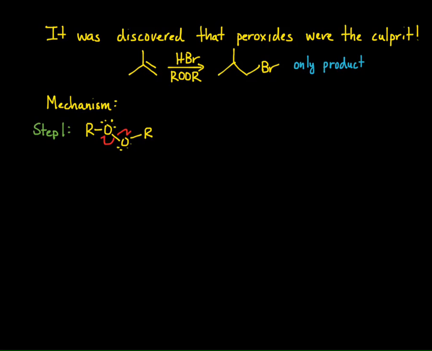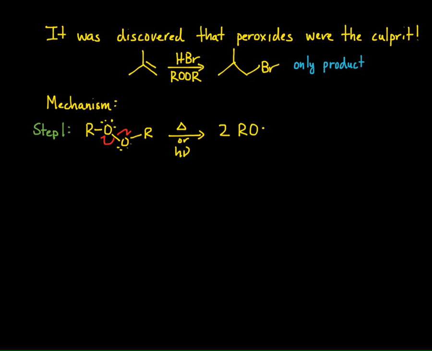And so in the presence of light, typically, or heat, this readily happens. Right? So I add just a little bit of energy to the system. I get a homolytic cleavage of the peroxide, and I form essentially two peroxy radicals. For every one peroxide, I get two peroxy radicals.